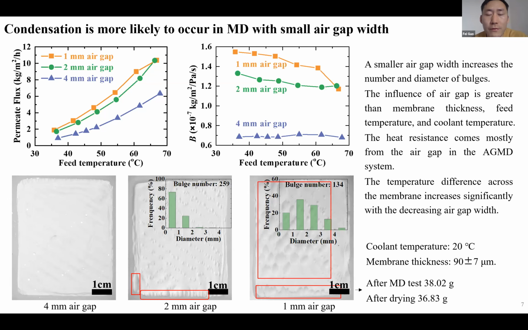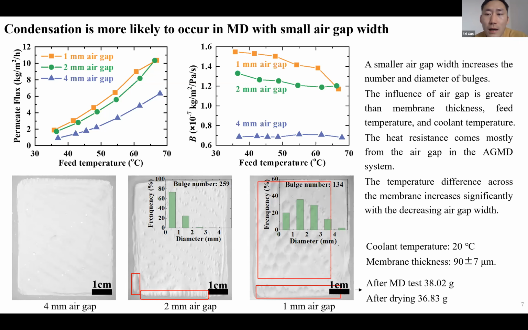For the membrane with a 4 millimeter air gap, the membrane stays flat with no bulges on the membrane surface. The B values keep constant. There is no condensation in the membranes. With a smaller air gap of 1 millimeter, the membrane bulges very significantly, meaning condensation inside the membrane pores. A smaller air gap width increases the number and the diameter of the bulges.